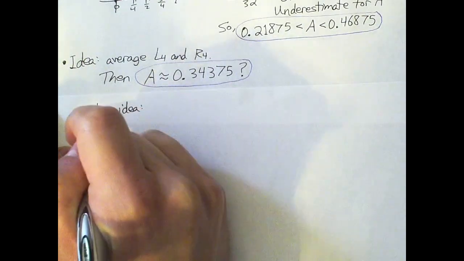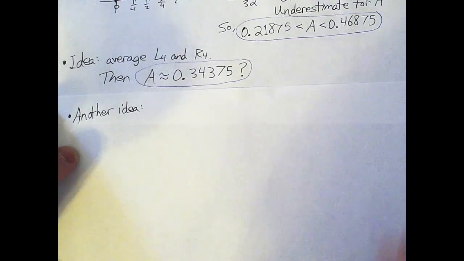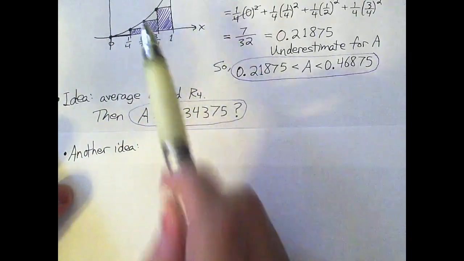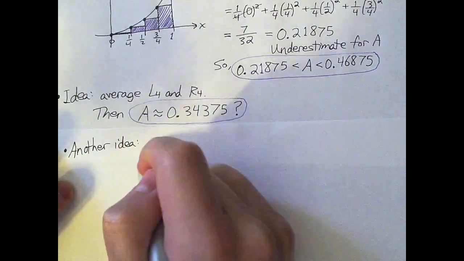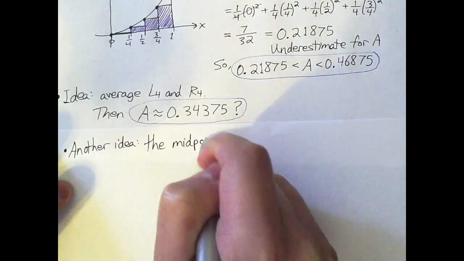So we've tried chopping up the region into 4 vertical strips and then turning them into 4 rectangles, using either the upper right endpoints or the upper left endpoints, basically which part of the rectangle touches the curve. So another idea is called the midpoint rule.